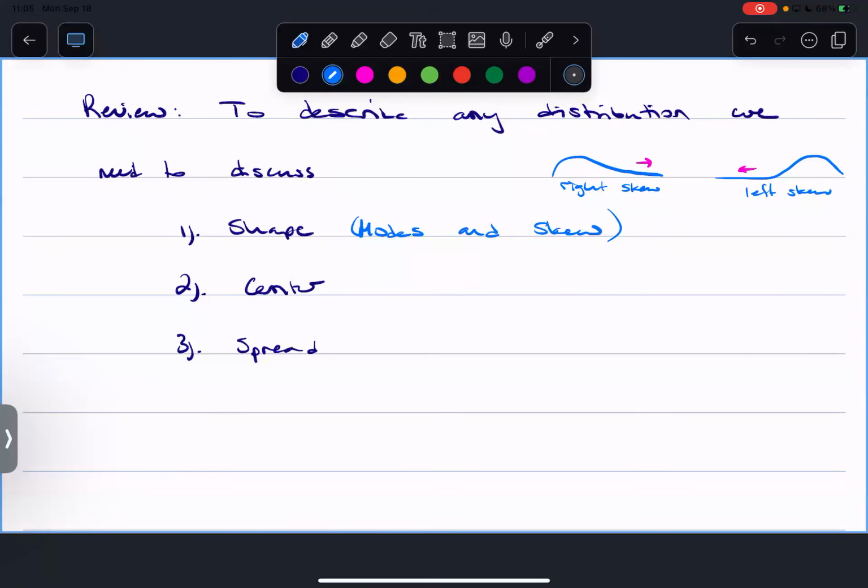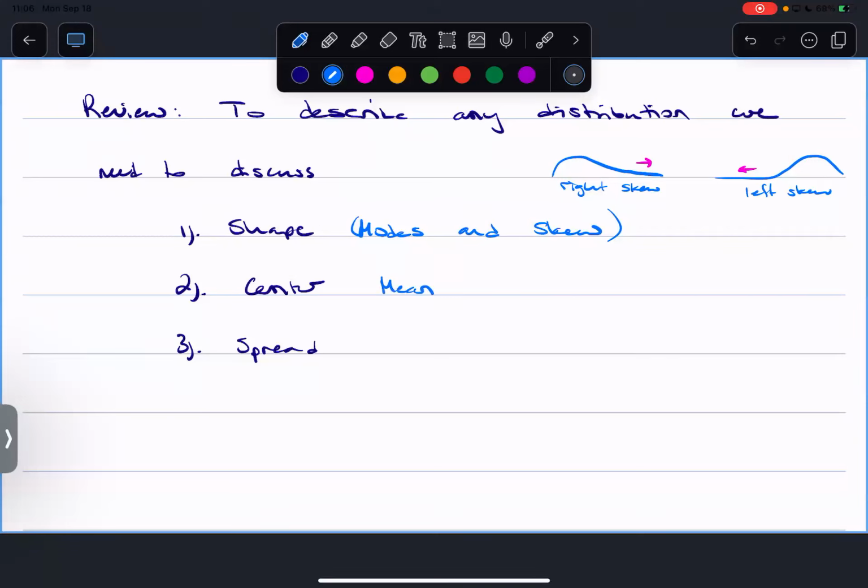And then we didn't get very far, but we did introduce one measure of center being the average. We can eyeball the center from a graph or a histogram, or we can calculate the center. And one of those centers we introduced was the mean.